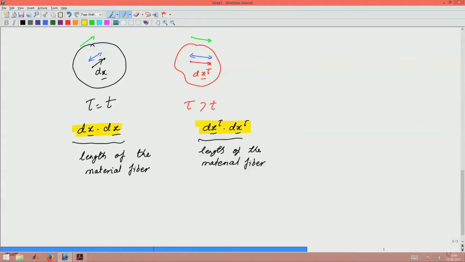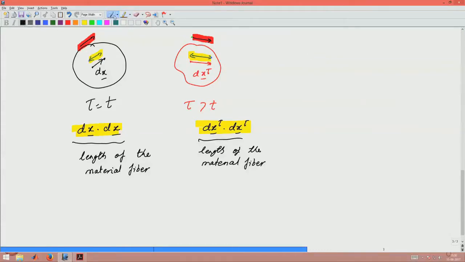And so, if it is a rigid body rotation, then what will happen, we will find that this length will remain the same, however the orientation may change. So, in that case, since the length is remaining the same, we will find that the strain measures that we use will go to 0.